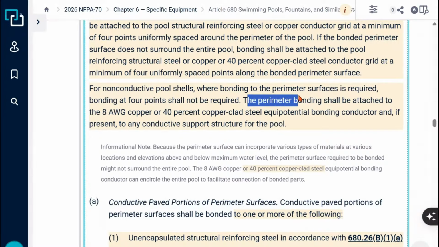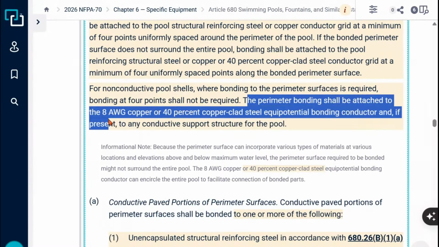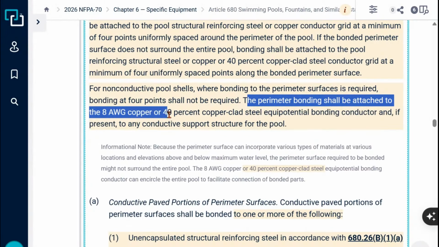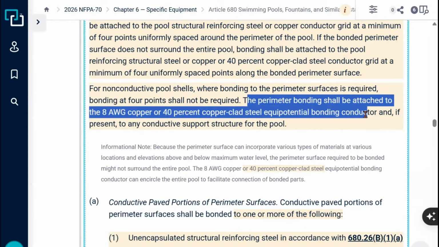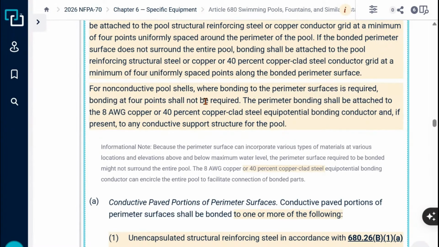It says the perimeter bonding shall be attached to an 8 AWG copper or 40% copper clad steel equipotential bonding conductor, and if present, to any conductive support structure for the pool. So ultimately, you still have to have a perimeter.